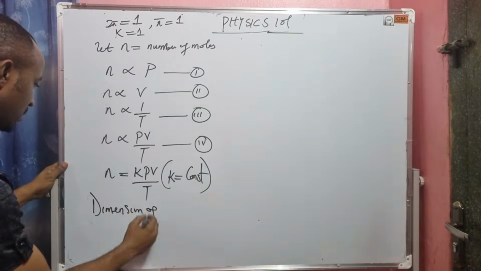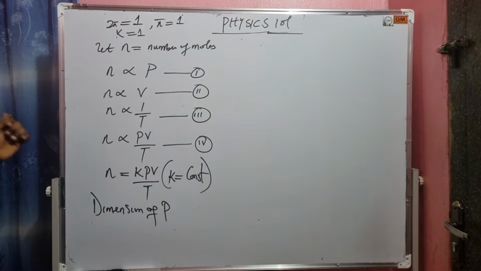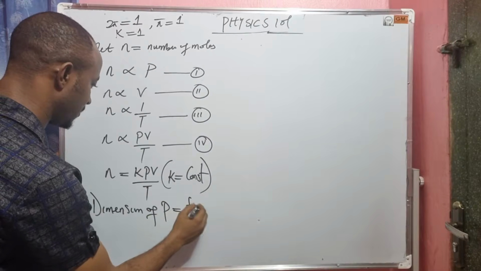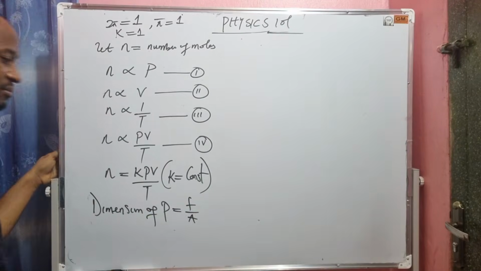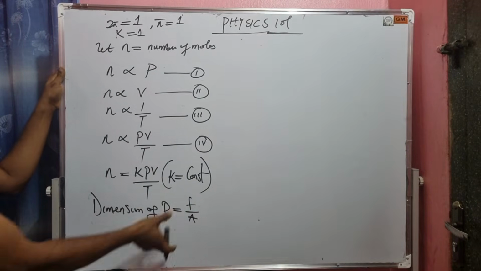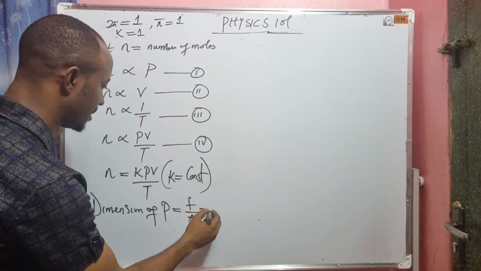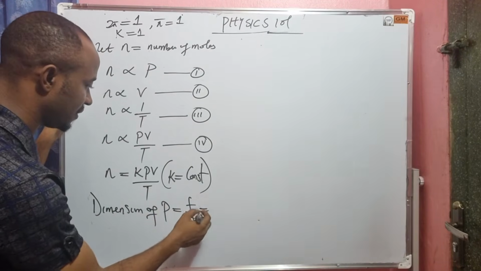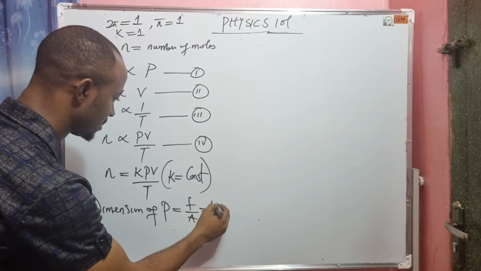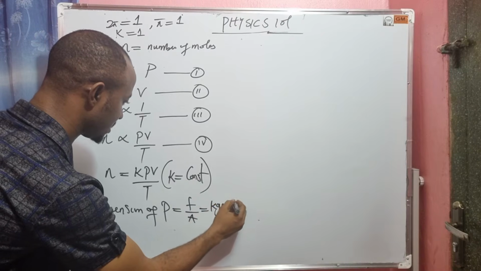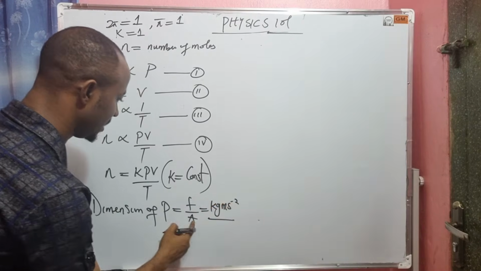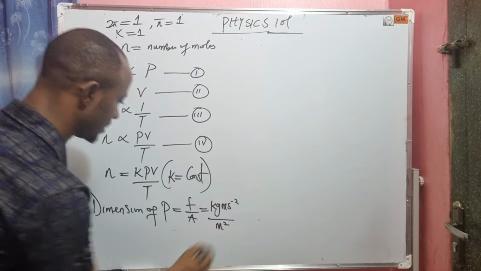Dimension of pressure. Already we have defined pressure as force over area. Because this is an exam, don't assume that you know it. You just have to bring out the dimension itself. You can start by bringing out kilogram, meter per second squared, divided by area, which is meter squared.